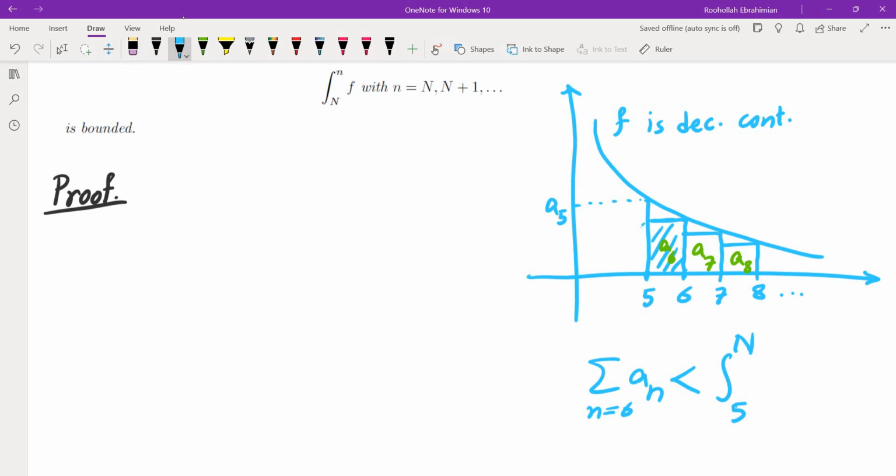So if I go all the way to n, then it would be less than that. Both of these are positive, so if this is bounded, then this would be convergent, because the partial sums would be bounded, which means it would be convergent because the terms are non-negative. So if the integral is bounded, then the series would be convergent.